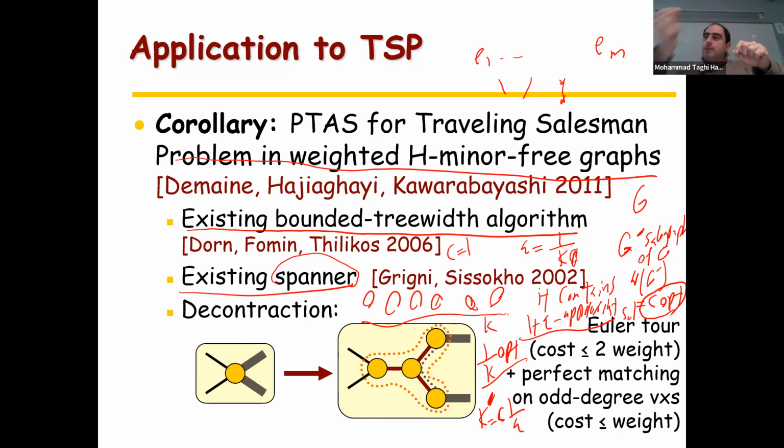Then you know that in one of these parts, the size of the edges falling in it is at most, say, epsilon opt. Good. So you know that in one of them it is epsilon opt.